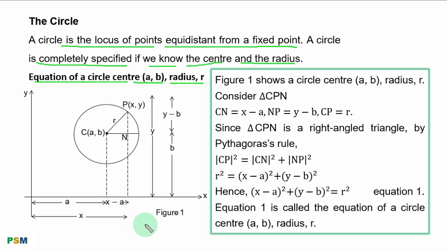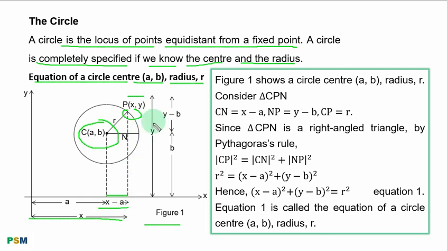You have figure 1, you have a circle. This is the center C, produced to a point P with the coordinates x, y. You have the x axis and the y axis. From the origin to this point is a, so the remaining part becomes x minus a.